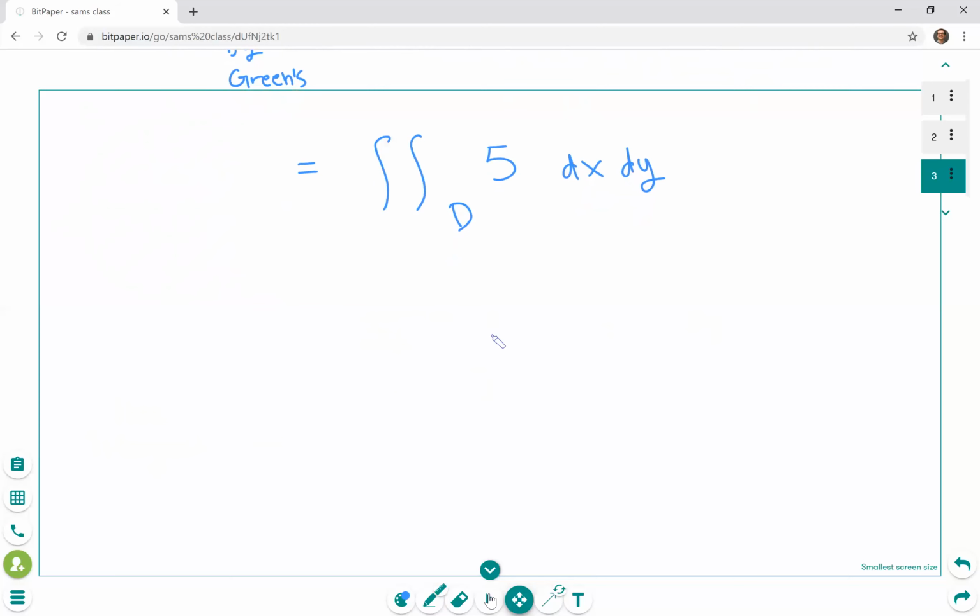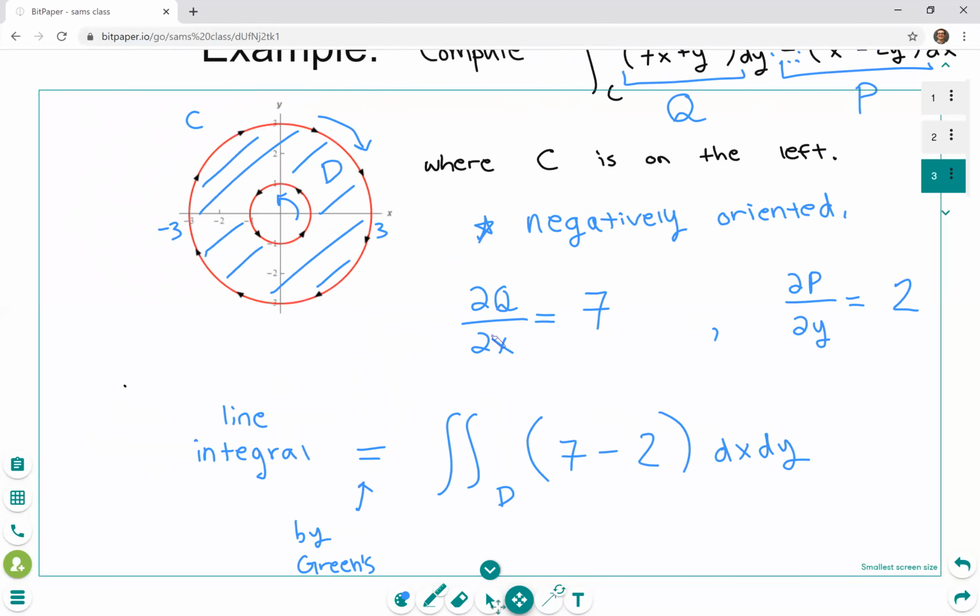So another way to do this here is to convert to polar, right? So since we have circles in the mix for our region D, why don't we convert this to polar? Theta just goes from 0 to 2 pi, and r, well, we have a hole in the middle. This is a donut. So r goes from, it starts at 1 and goes to 3.